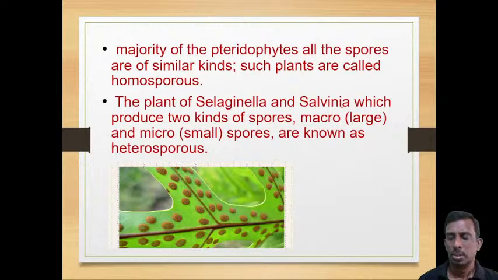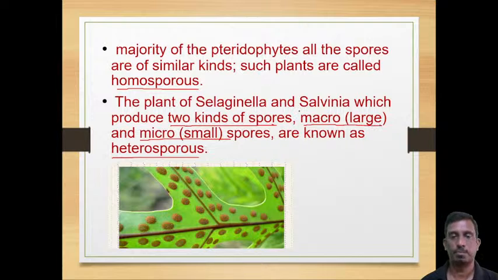Okay. In the formation of spores, majority of the pteridophytes will produce similar kinds of spores. They are called homosporous. At the same time, there is an opposite condition also, that is heterosporous, where two kinds of spores are produced, that is microspores, small, and macrospores.